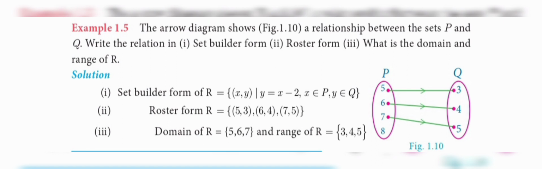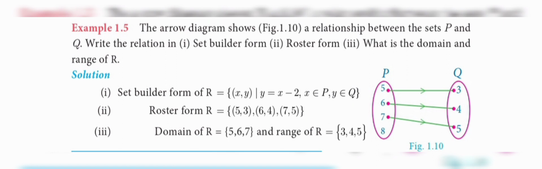Now we have to first write this relationship in set builder form. So R equals, in set brackets, the set of all ordered pairs in the generalized form (x, y) such that we have to represent y as well as x.